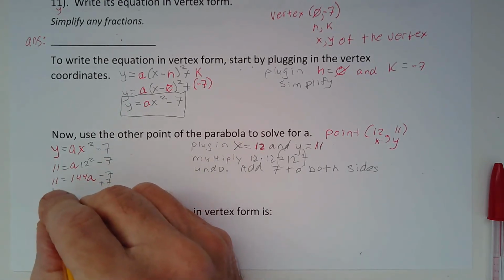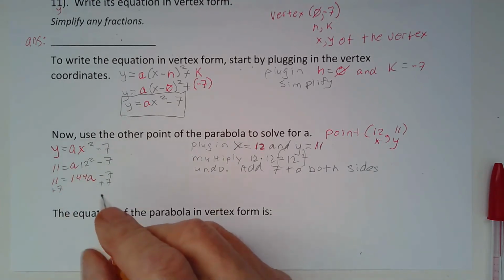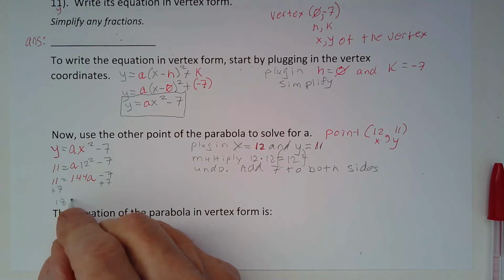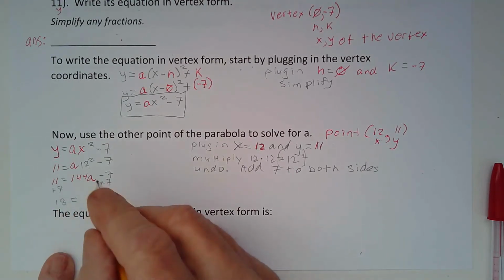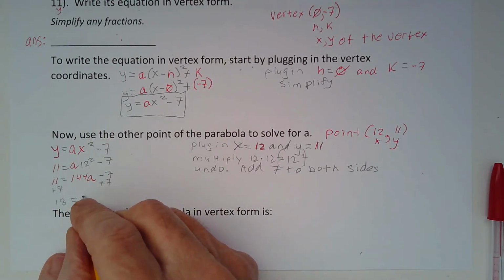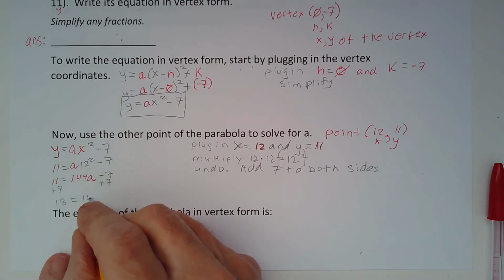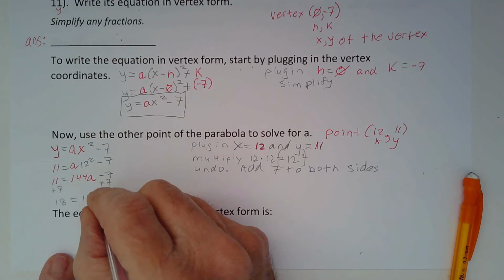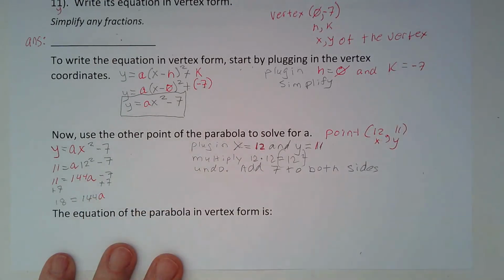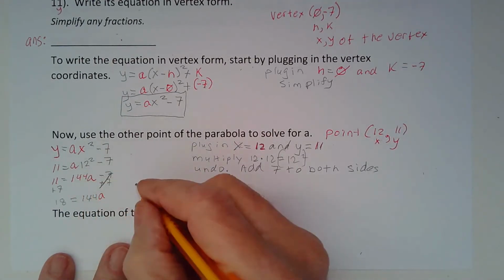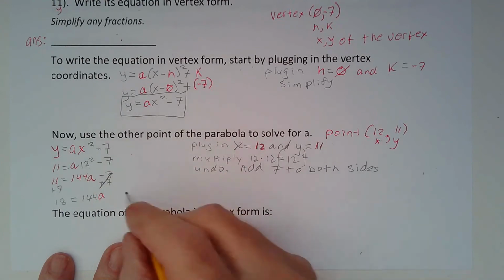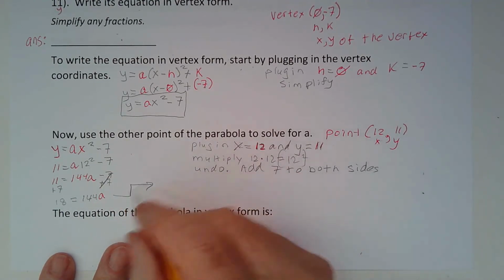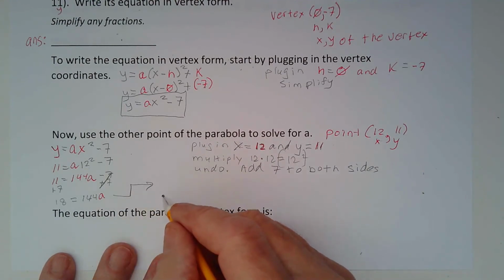Plus 7, and so I'm going to get 18 equals 144a. And of course, this positive 7 cancels. Now when I get 18 equals 144a, I'm going to continue this over to the right.